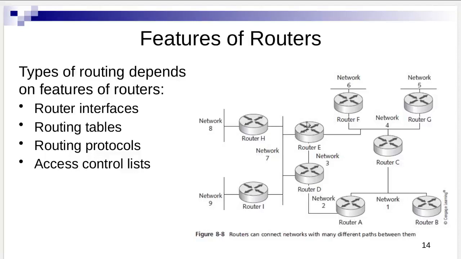Also notice that this router E has 3 interfaces, one going to network 7, one going to router D, and it actually is a subnet. This connection between these two routers is network 3. It's actually a subnetwork. And then router D also has 3 connections, one going to router E, one going to network 7, the switch, and another one going directly to router 8, which is also a network or subnet.